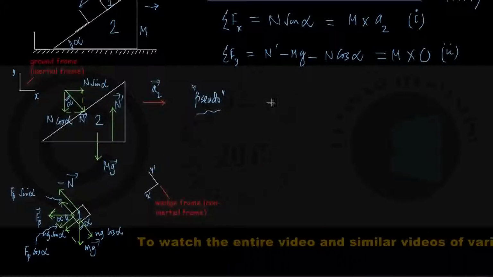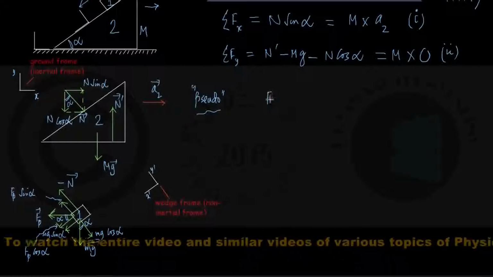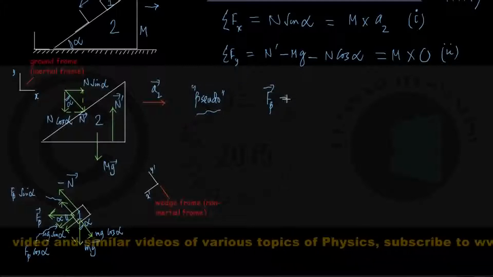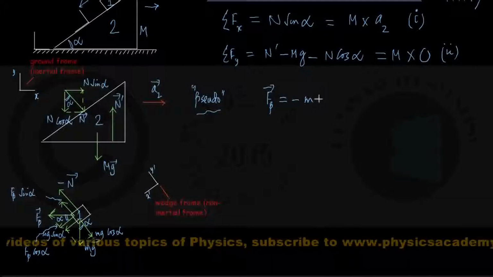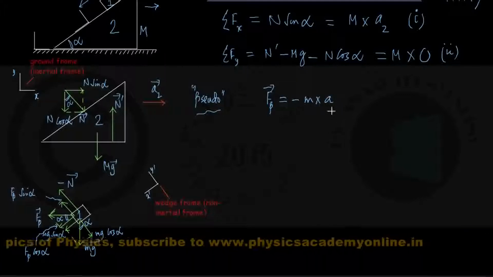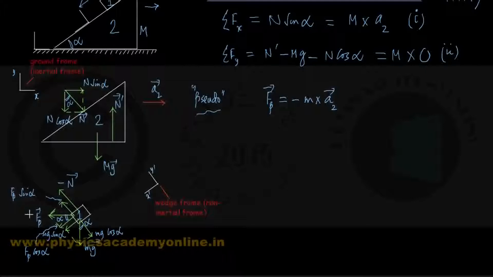As a quick reminder of what we said some time back, I have told you that the pseudo force acting on the block, that is Fp, vectorially it is given by minus mass of the block multiplied by the acceleration vector of the wedge frame from which the block is being observed, right? So here I'm just incorporating that notation as well.